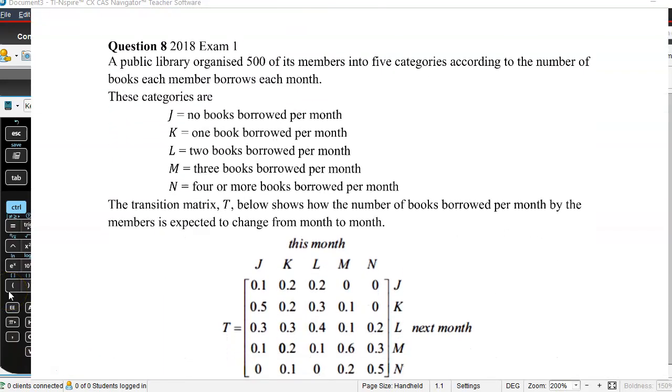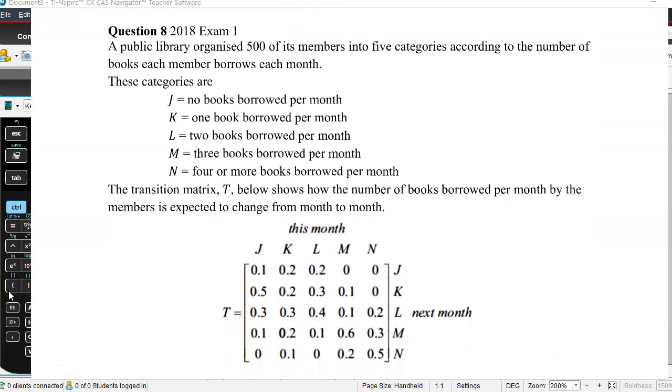Let's look at one from the 2018 exam, exam 1. This is question 8, so this is in the hard part of the multiple choice questions. A public library organised 500 of its members into 5 categories according to the number of books each member borrows each month.